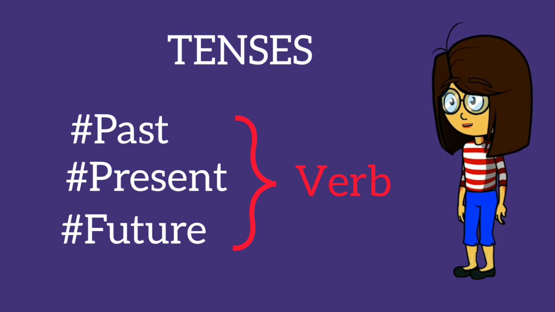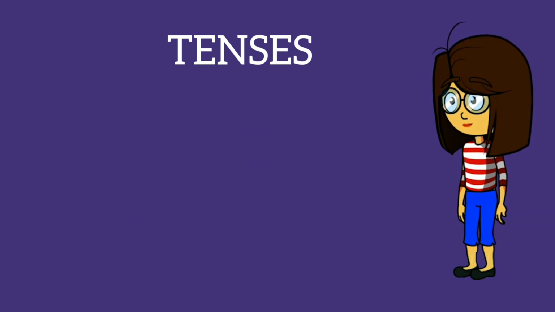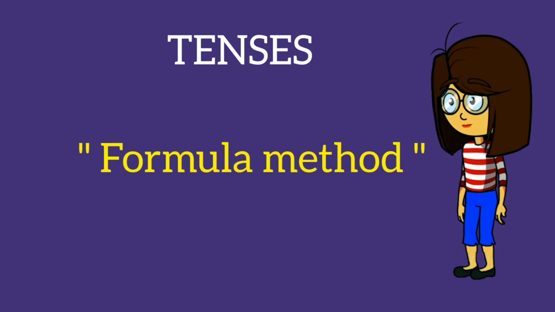Just for a while, I request you to keep aside whatever you learned about tenses, because here I am going to use a different technique, that is the formula method for teaching tenses. I hope it would be quite interesting.